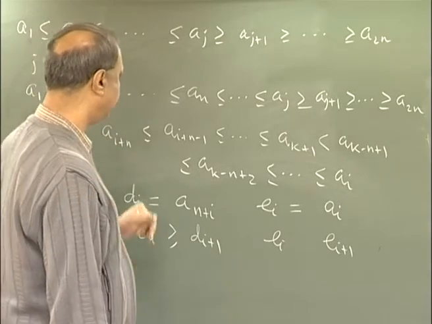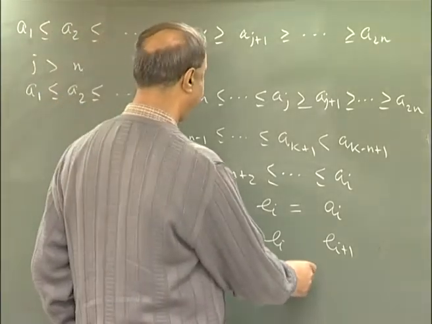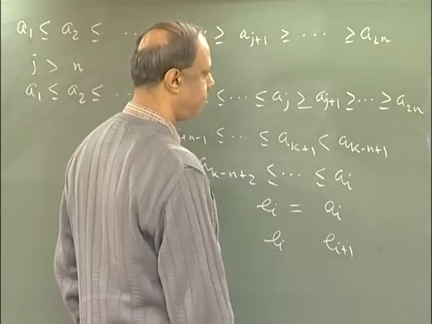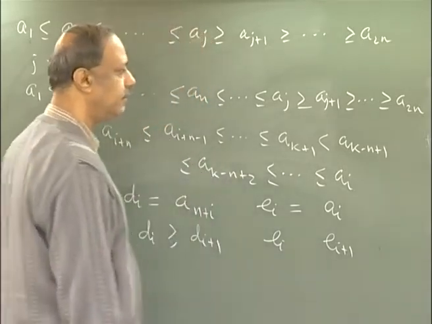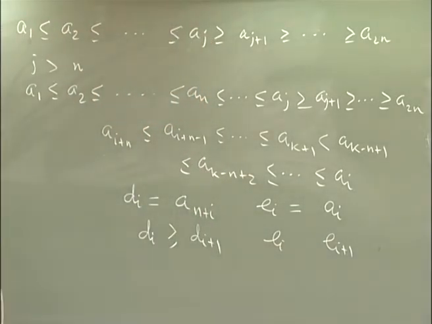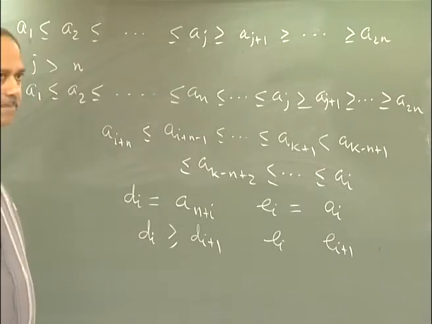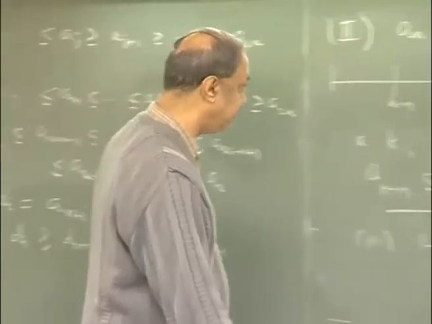So this will be greater than this. And ei? Ei? Why?